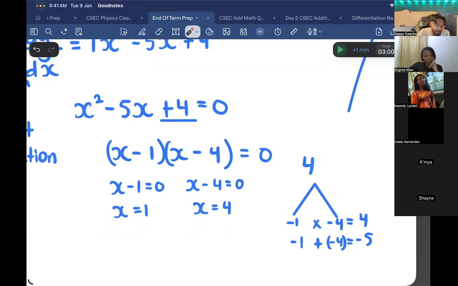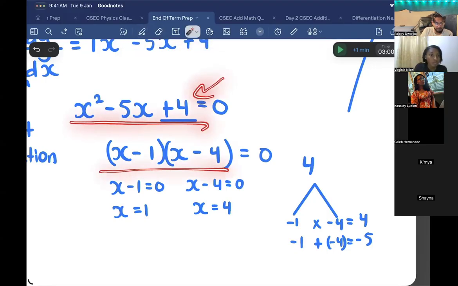Right. So over here, you factorize the quadratic, meaning that you've written it as a product of... Could you agree that we factorized the quadratic?